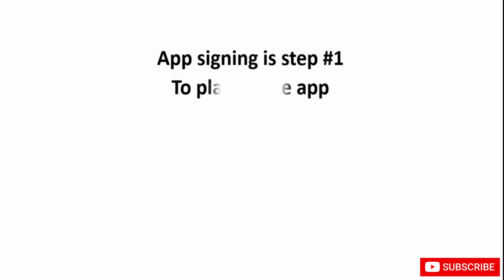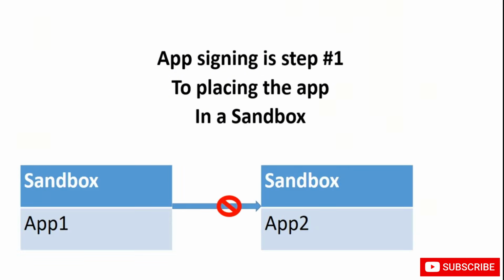Now on Android, application signing is the first step to placing an application in its application sandbox, okay? The signed application certificates define which user ID is associated with which applications, and different applications run under different user IDs. Application signing ensures that one application cannot access another application except through a well-defined IPC.